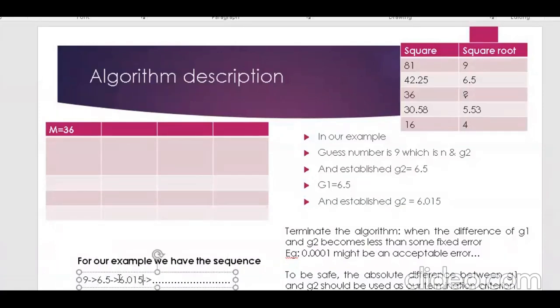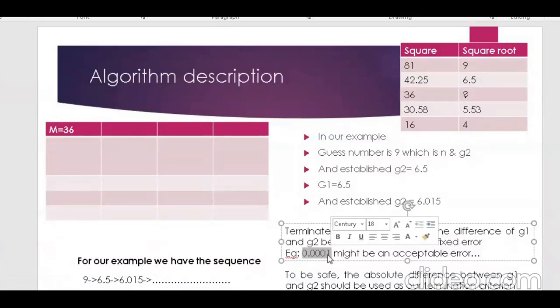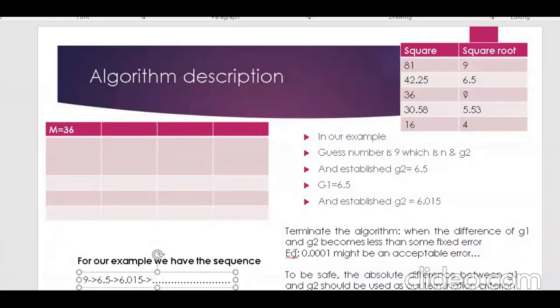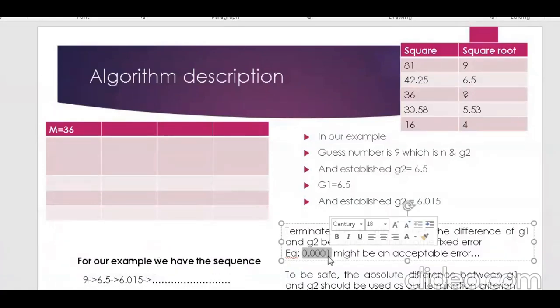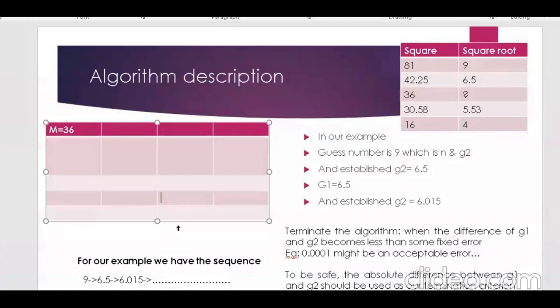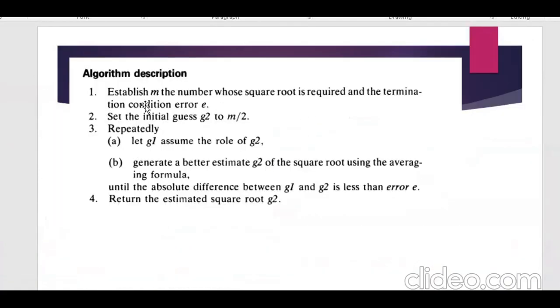So you just take the difference of these numbers, and if the difference is less than 0.001, this is our fixed error for this example that we have fixed. You can keep changing the fixed error. Now here, when you take the difference between this, if the difference is less than 0.001, we stop working on it. So that is your termination condition error E.